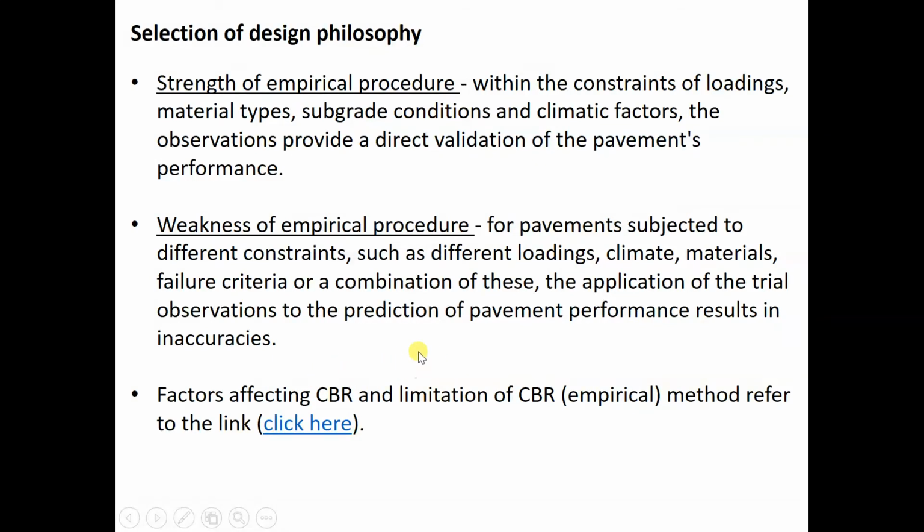For example, the chart I just showed you, Figure 8.4, is for the Australian condition. If you apply it to other places, like Papua New Guinea, Indonesia or Malaysia, the condition is different. The loading is different as well. They have different design vehicles.